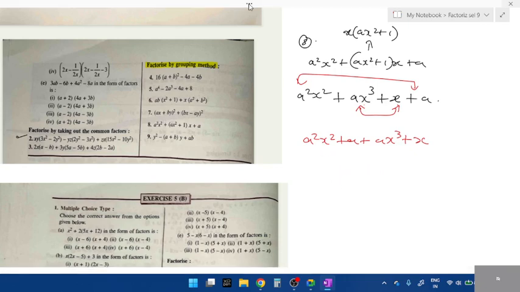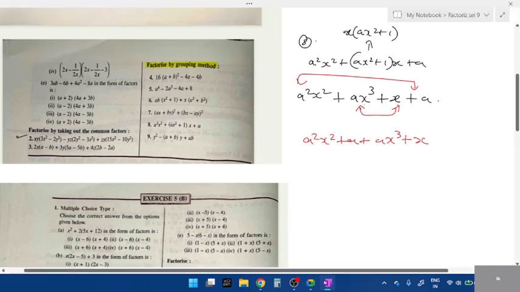Okay, when you group it, what is common earlier? What do you get? How can you cancel? You have to take, yes, not a square x square.